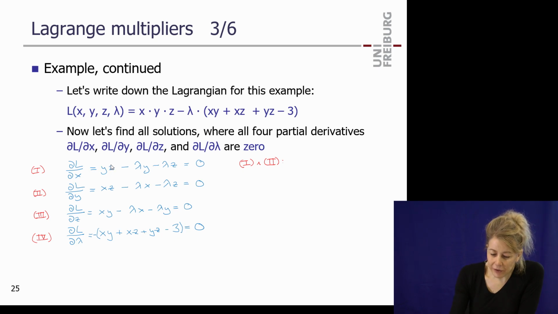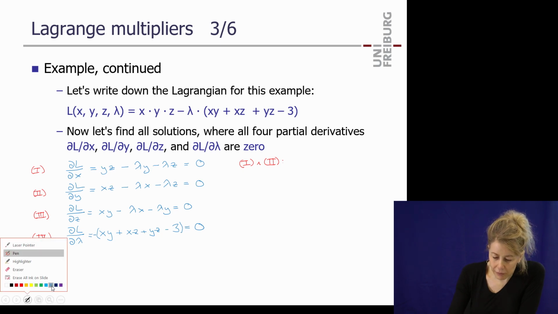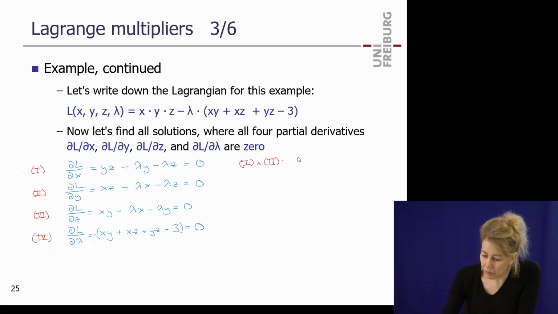Let's just take these two together, 1 and 2. What do I have? If I just subtract them from each other, let's take 2 minus 1. So I subtract this from this, then I get (x minus y) times z is equal to, and then I think I get (x minus y) times lambda.